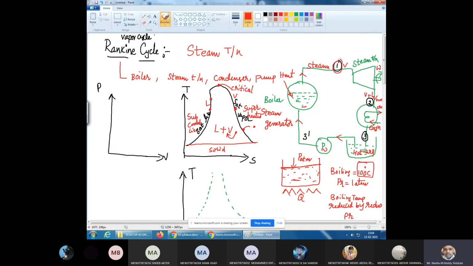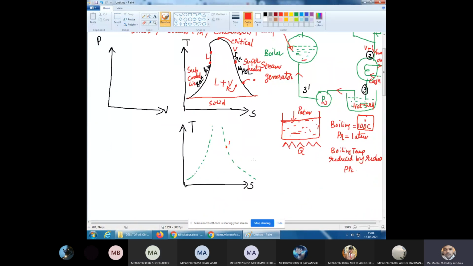At 1, what is the state of the steam? It is saturated vapor. Agree? Yes, sir. Means point 1 should be on this line. Do you agree if I keep point 1 over here? It is vapor, so point 1 is this one.